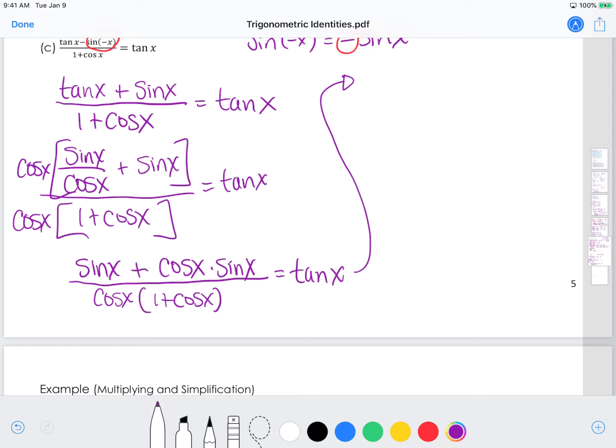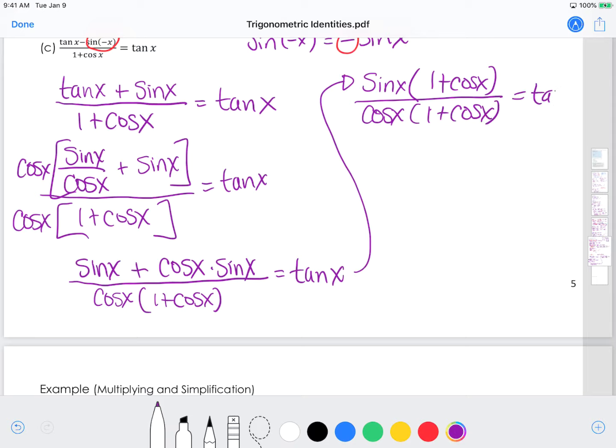Let's see. On the top, I can pull out a sine x, and I'm left with 1 plus cosine x, and that's all over cosine x times 1 plus cosine x. And I want to show that that's equal to tangent x. If you notice, I can get rid of the 1 plus cosine x.